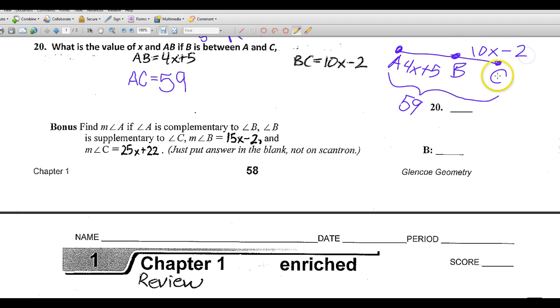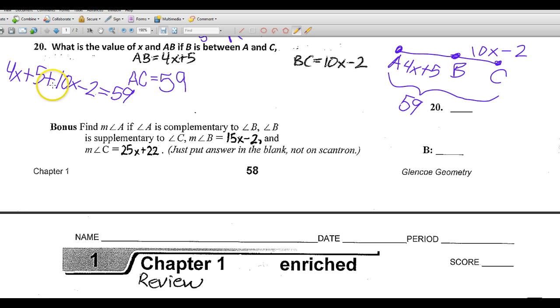So the segment addition postulate, since B is between A and C, then AB plus BC must equal AC. So our equation would be what we have here.